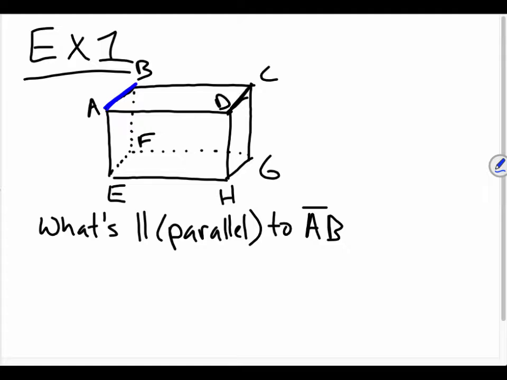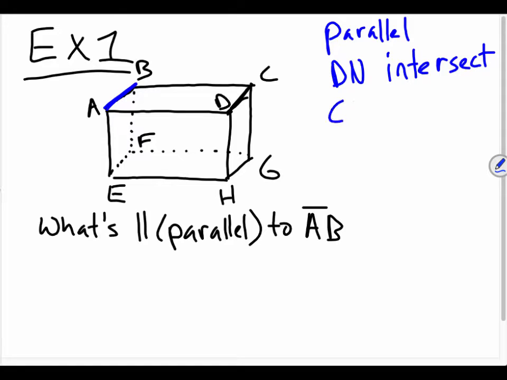So parallel, by definition, does not intersect and is coplanar. Okay? So it has to share a plane with something. Now AB is actually trapped in two planes. Do you guys see that?